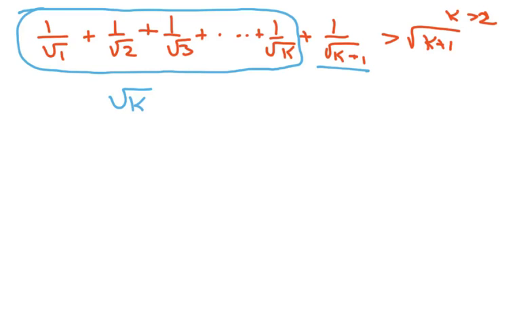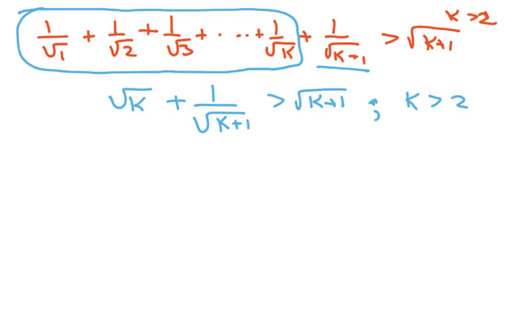And then we're going to add our next term, which is 1 over square root of k plus 1, which is greater than the square root of k plus 1. This is where k is greater than 2.